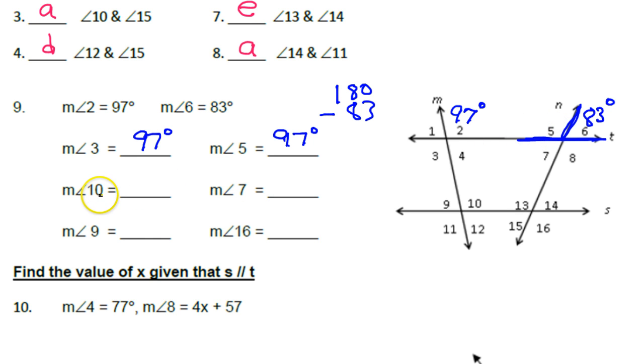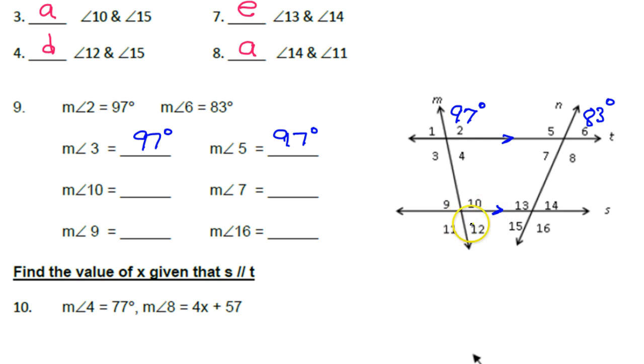Angle 10. Jumping all the way over to angle 10. They didn't give us any directions here ahead of time to tell us that T and S are parallel. They mention it down here, for number 10, find x given that S is parallel to T. That's the symbol for parallel. But to know the measure of angle 10, we have to know that these are parallel, so I'm going to assume they meant to tell us that.